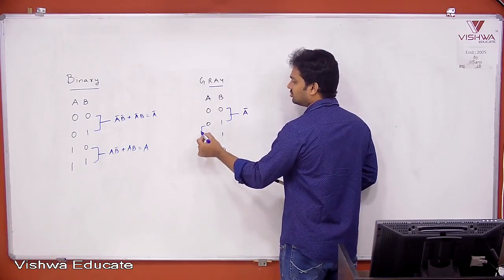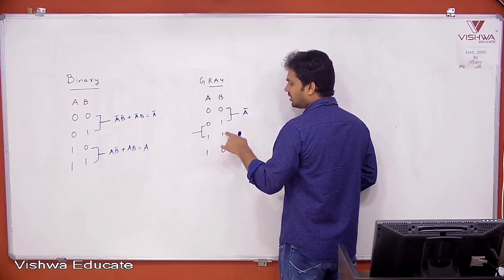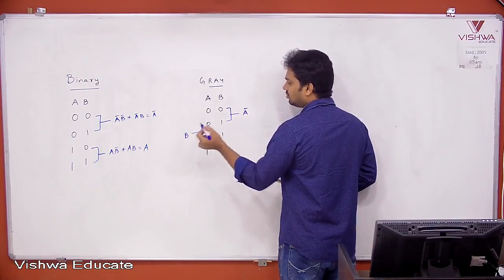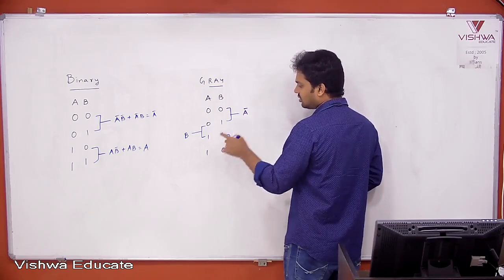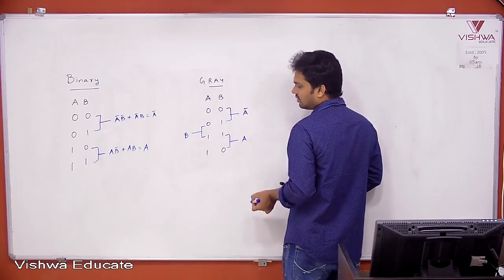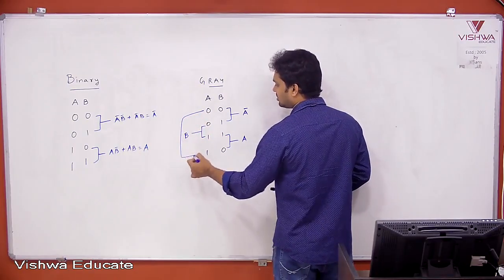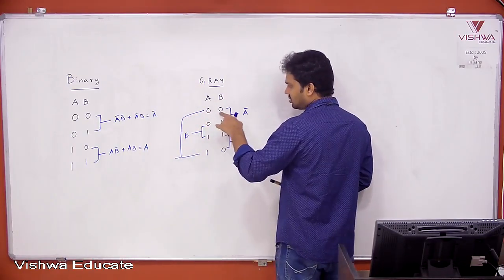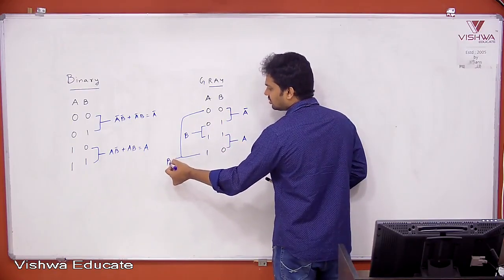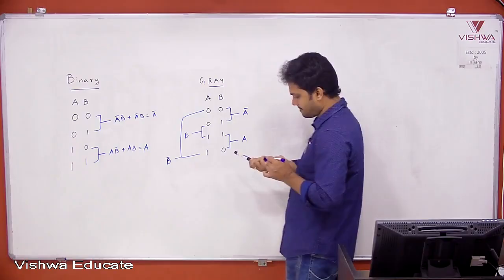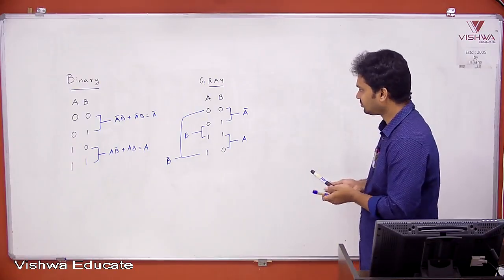Between these two, 1 can be taken common, B. Between these two, this one can be taken common, A. And first and last, 0 0 and 1 0, you can take this 0 common, and the answer is B bar.